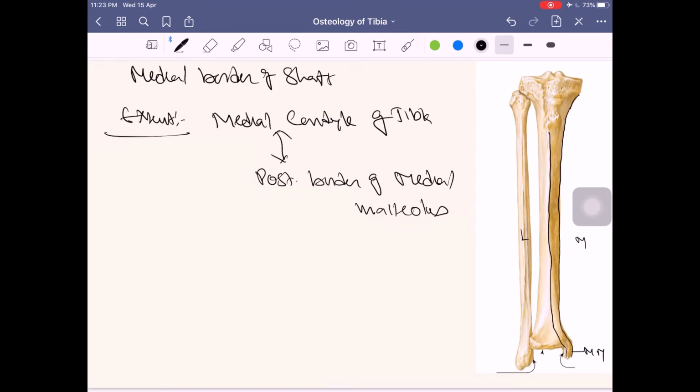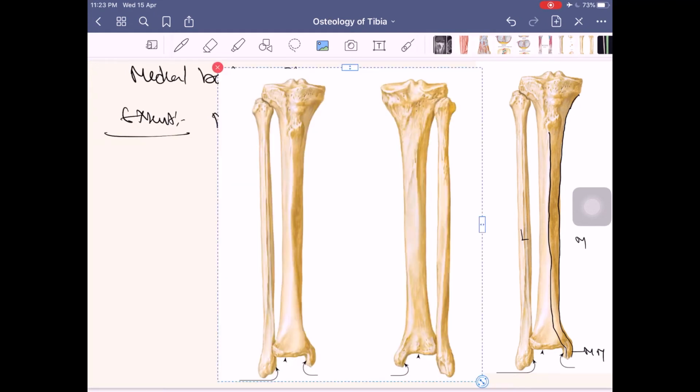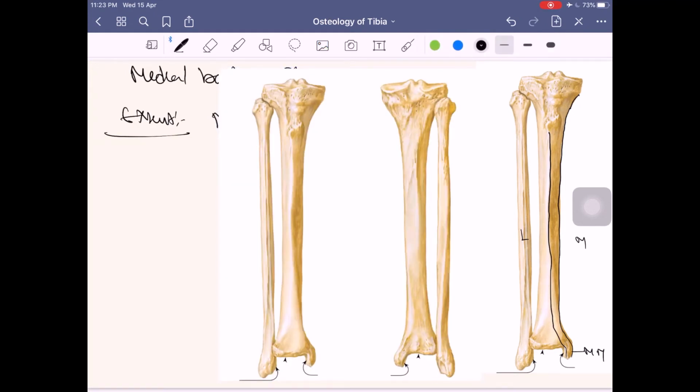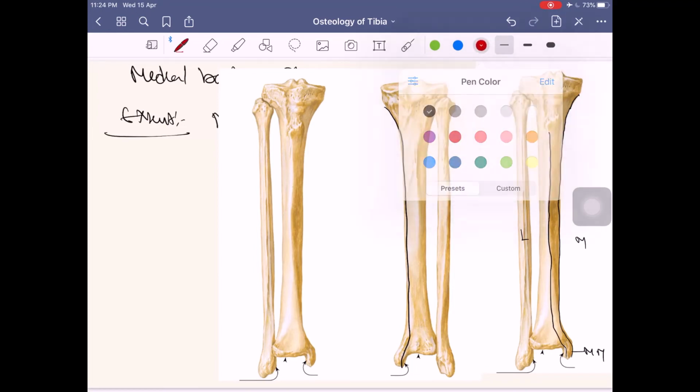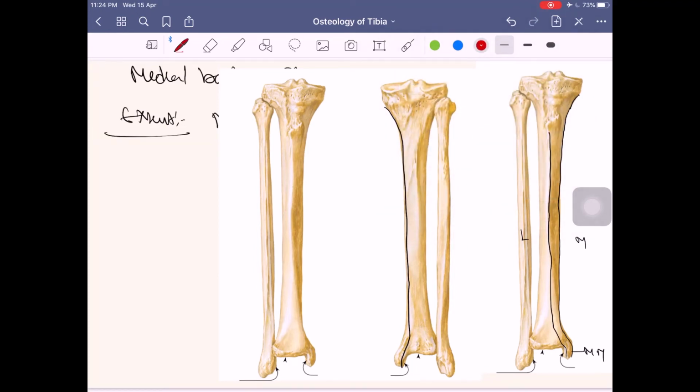Now if I turn this medial border slightly, you will notice there is a line called the soleal line, which we'll see in the posterior surface. It joins the medial border at the junction of the upper 1/3 and the lower 2/3. Maybe I can bring this picture. This is a posterior view of the medial border, and now you see there is a soleal line.